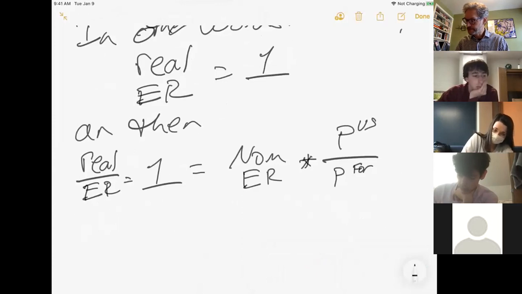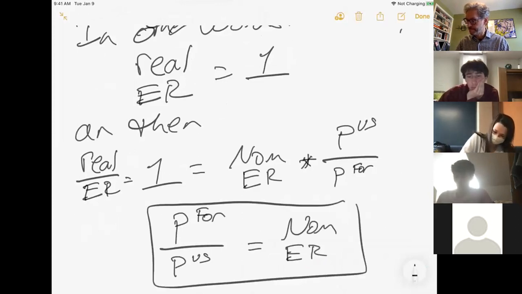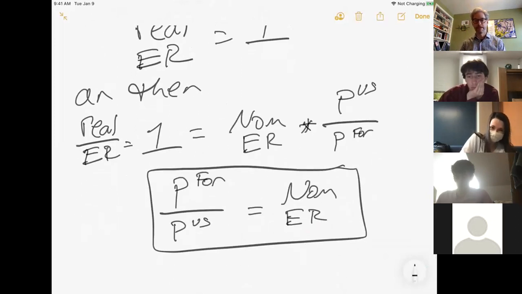Or, to flip this around, what should be the primary thing that determines the nominal exchange rate? Differences in the price level.